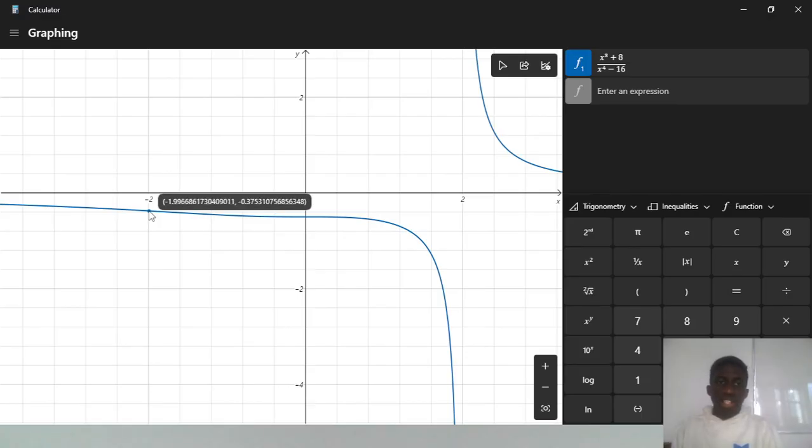So we look at -0.3753. We just get closer to -0.375, which is the same thing as -3 over 8. Even as we approach from the left, we are still approaching -0.375 something. So that just verifies our answer that this is the limit of this function.